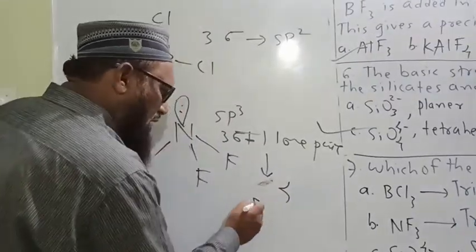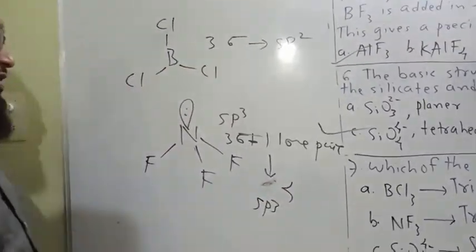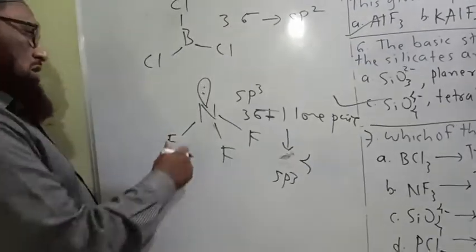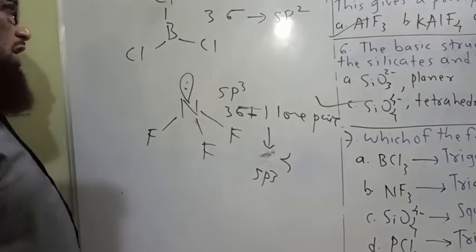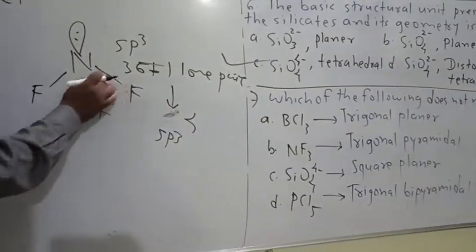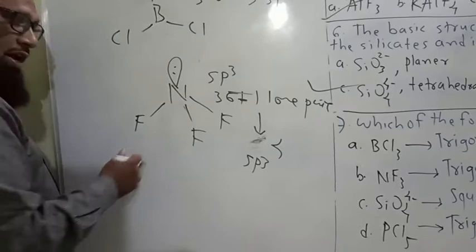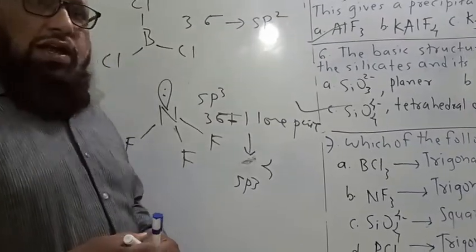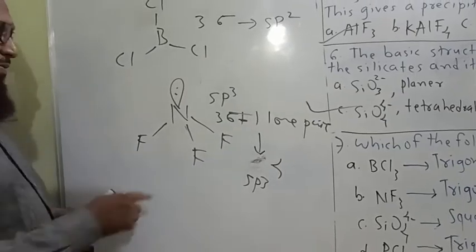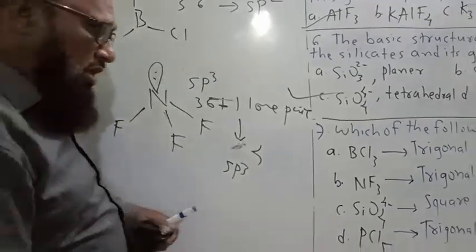Therefore 4 means sp3, and its geometry is trigonal pyramidal. Due to the presence of the lone pair, it repels the bonding pairs. The angle is reduced, slightly less than 109 degrees 28 minutes, to 107 degrees. Then this again matches.